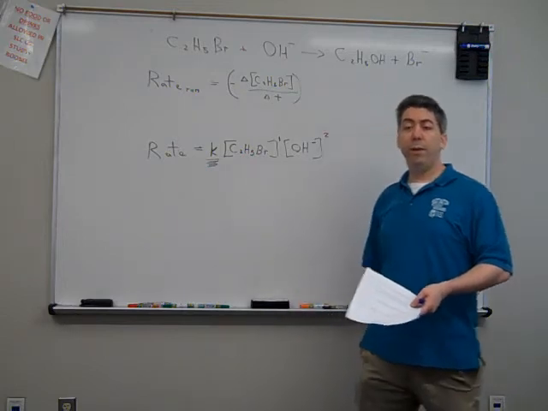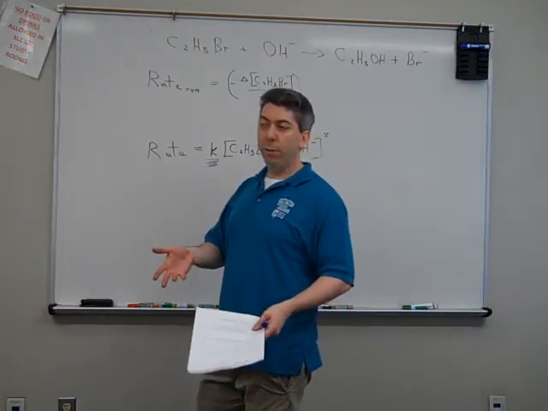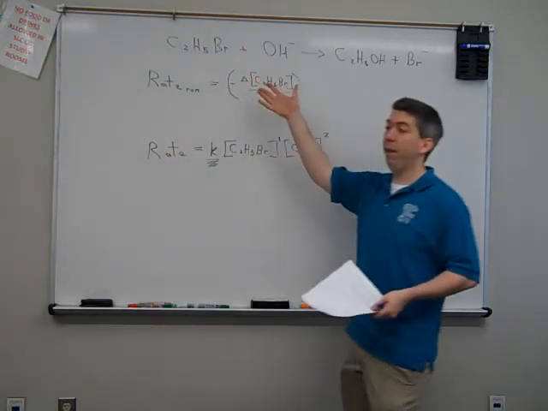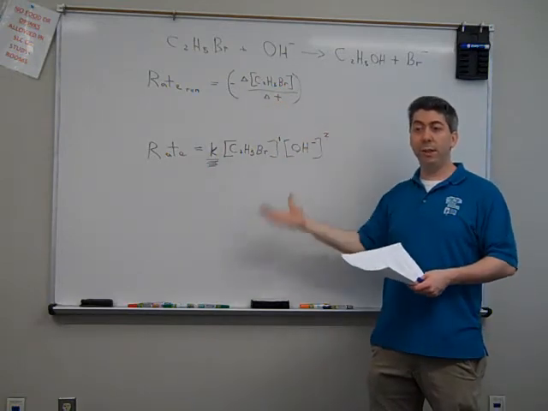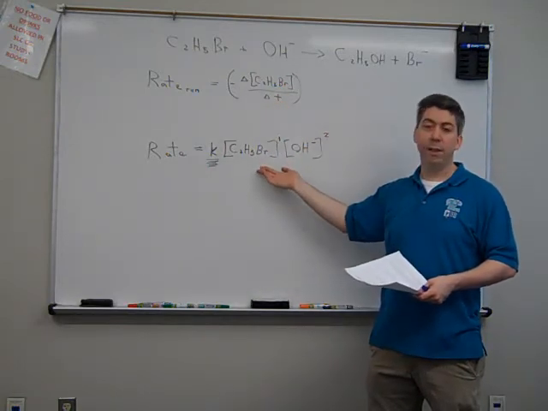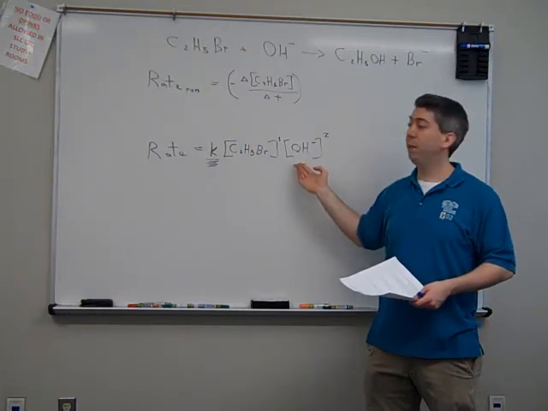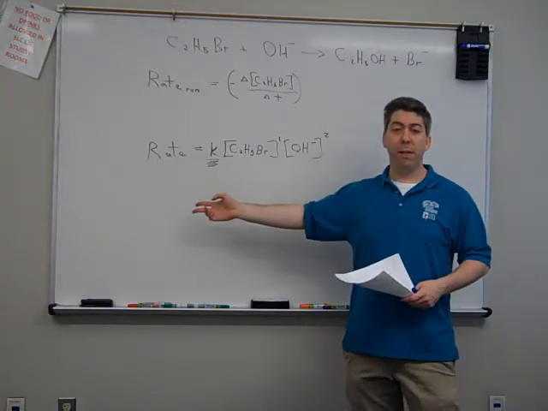If you doubled the volume of ethyl alcohol, made the solution essentially twice as much, that would mean these concentrations were half as much. So if I have this and I have that, what would the rate be?